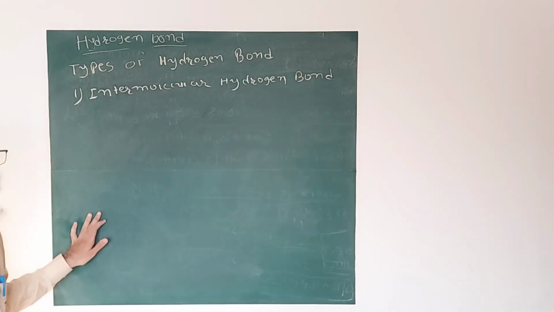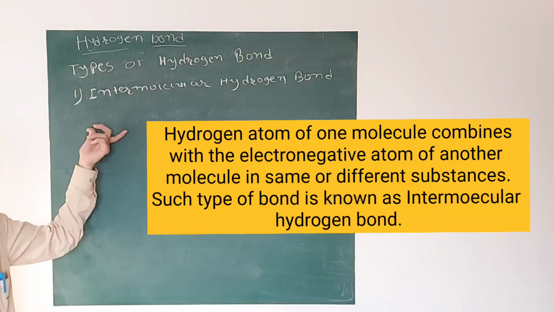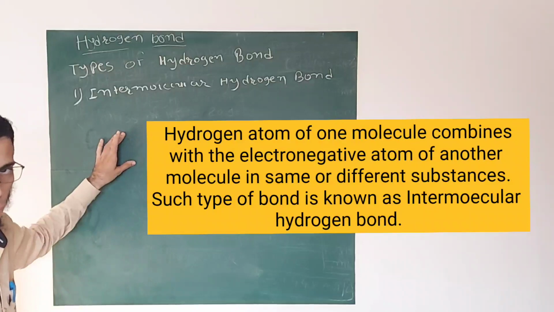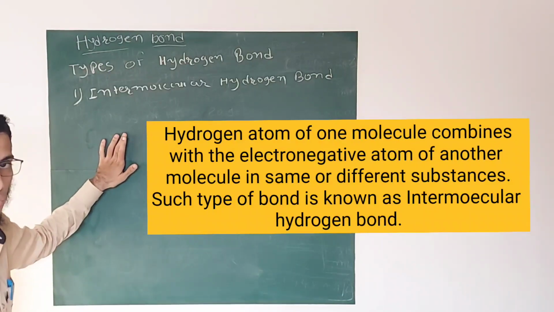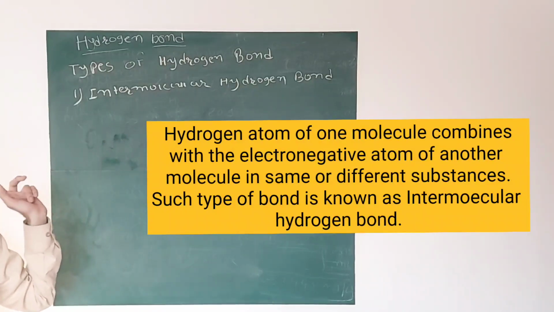I have already told you the definition: the hydrogen atom of one molecule combined with the electronegative atom of another molecule in the same substance or in a different substance.